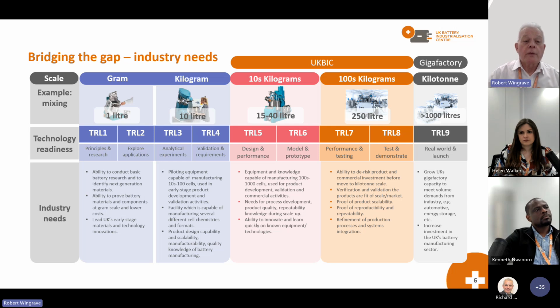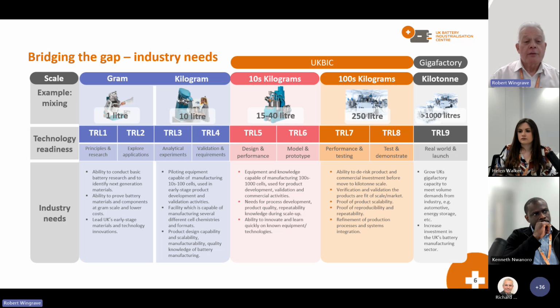Where we sit within that ecosystem is the early scale, which is the Faraday side, is your TRL 1 and 2. Then the more advanced organizations working at kilogram scale are your more technical universities. Then UKBIC came in originally around TRL 7, TRL 8, where we're at the thousands of kilograms, which is the precursor to gigafactories.